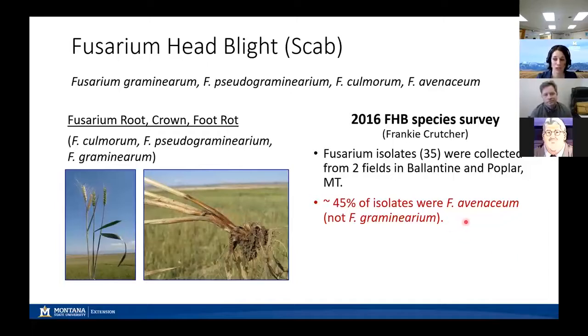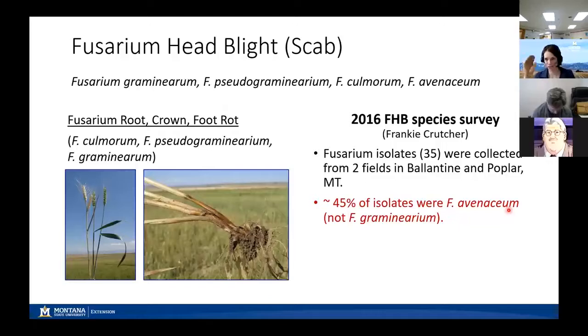And what this survey showed is that actually in Montana, the most dominant Fusarium species that causes Fusarium head blight is Fusarium avenaceum, and not graminearum, which was previously assumed and described.